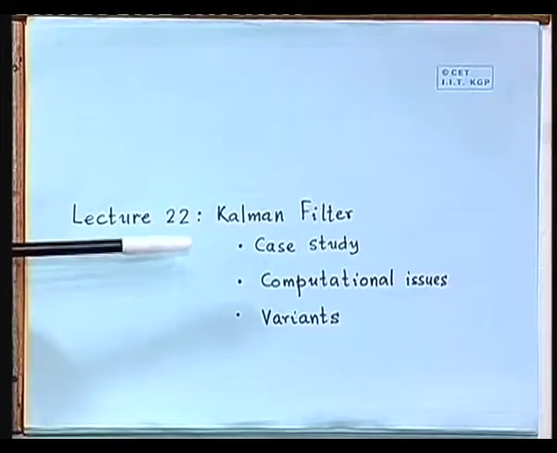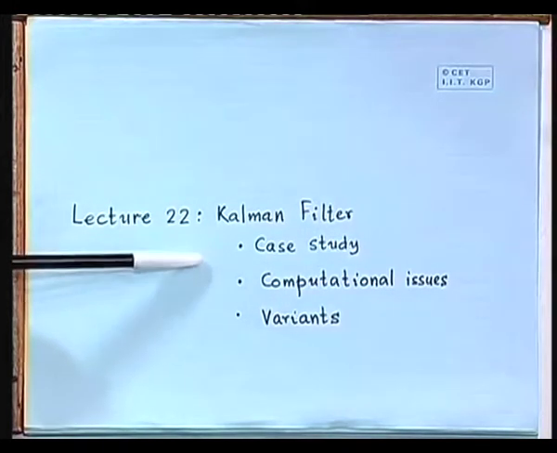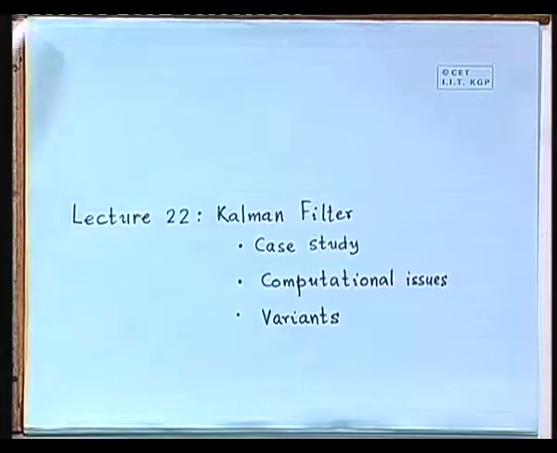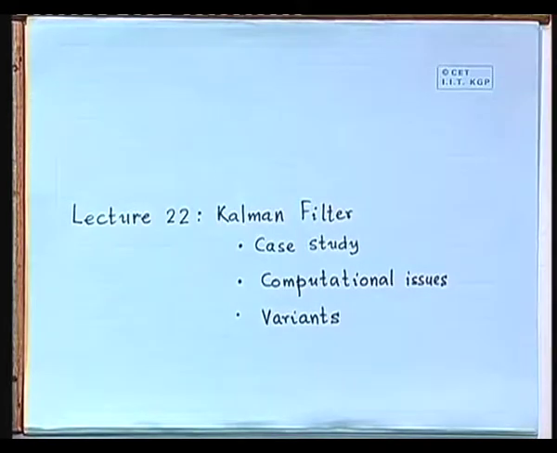Then we are going to touch upon certain other things. I do not think we can treat them in any depth. Rather than describing them in detail, we will talk about the fact that such problems do exist. So beware, and there are a number of references you can always look up. We are going to look at real computational issues, some of the things that could give problems if you really want to apply a Kalman filter in an actual case.